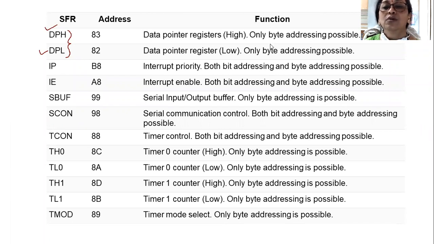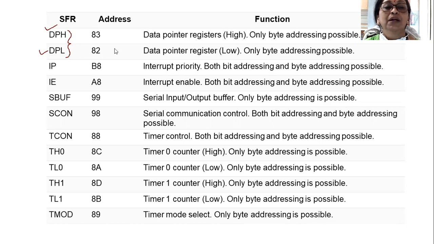Here you can observe the data pointer register high and data pointer register low. As you can observe, it is only byte addressable. That means you can address DPH only with the help of 8 bits, not a single bit addressing is possible. So it is not bit addressable, but it is byte addressable.